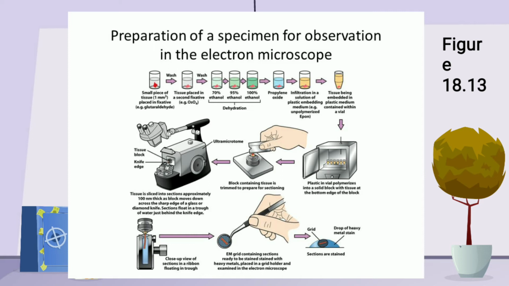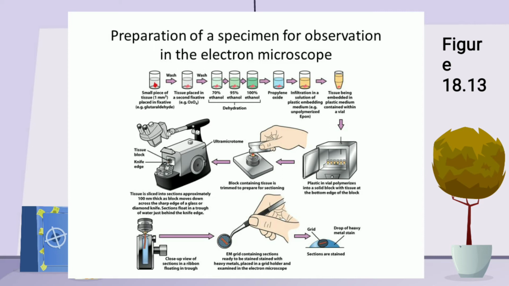A fixative must stop the living cell without significantly altering the structure of the cell. And the most common fixatives for electron microscopy are glutaraldehyde and osmium tetroxide.